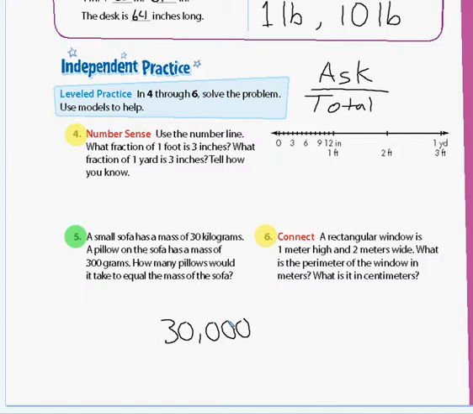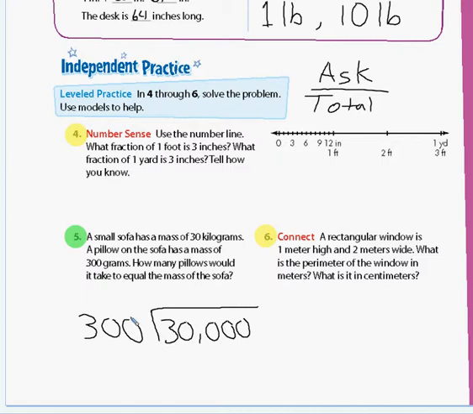And I want to see how many pillows it would take to equal 30,000 grams. Sounds like a division problem to me. I'm going to see how many times 300 goes into 30,000. And that's a pretty easy problem. We've got a 3-digit divisor, but a lot of zeros.